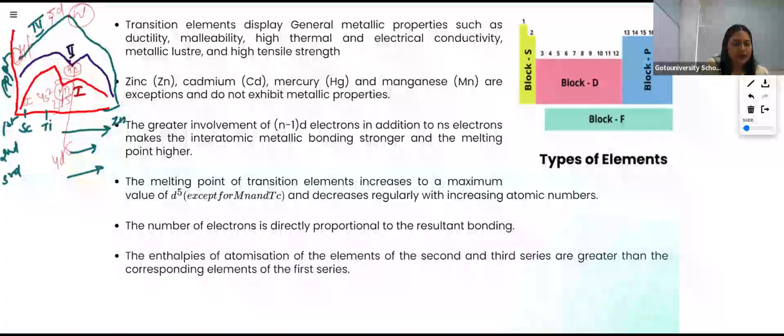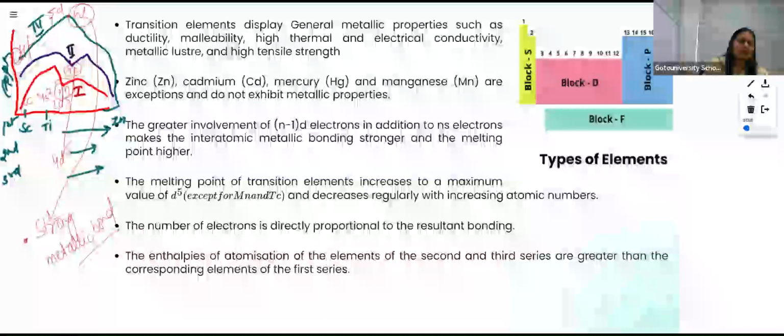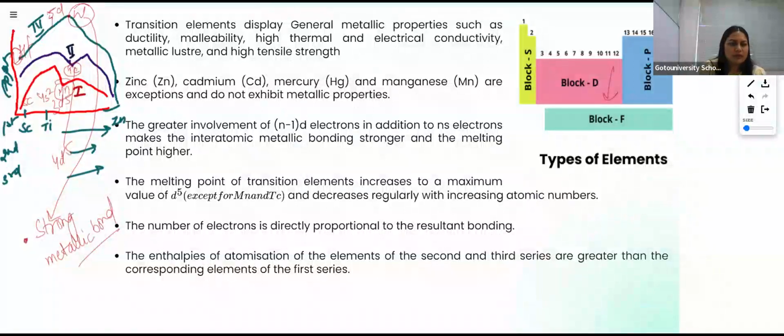Why does it show the highest melting point? Because tungsten has a strong metallic bond. That is the first thing. Now as we are moving down in the d block, what is happening?